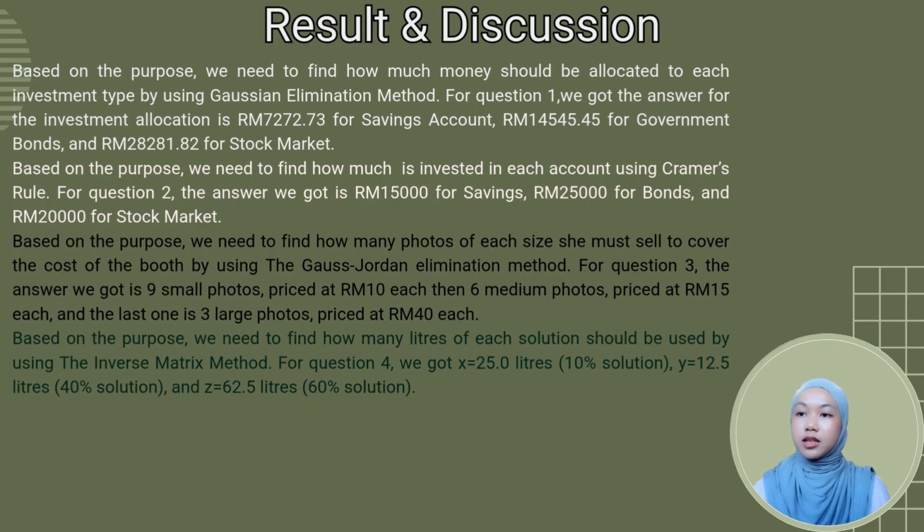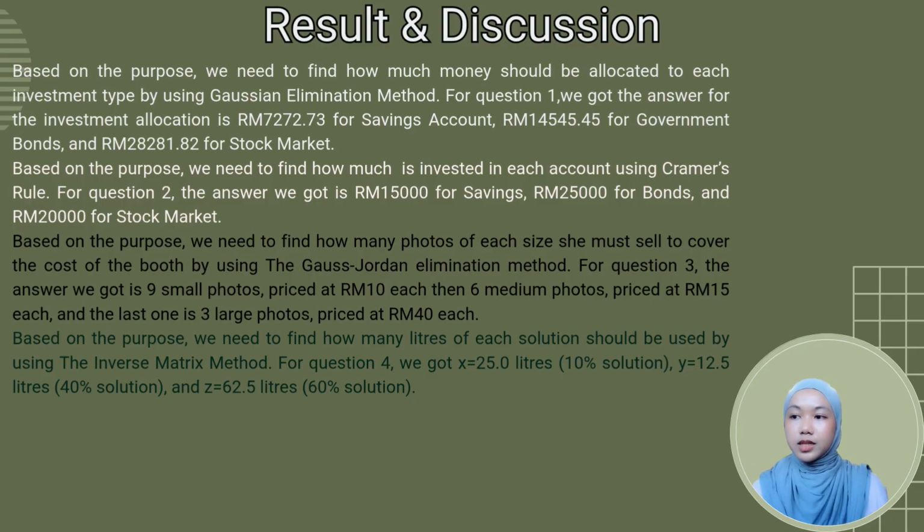Next, based on the purpose, we need to find how much is invested in each account using Cramer's rule. For question 2, the answer we got is RM 15,000 for savings, RM 25,000 for bonds, and RM 20,000 for stock market.